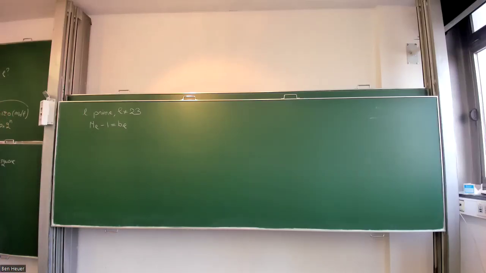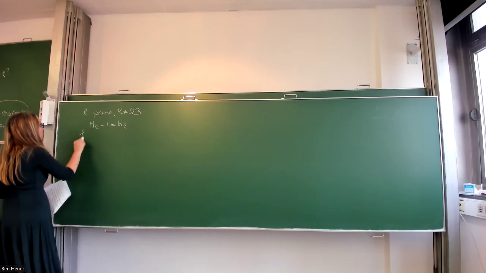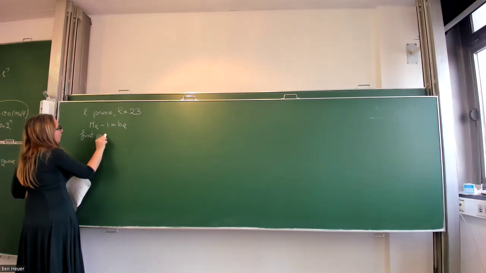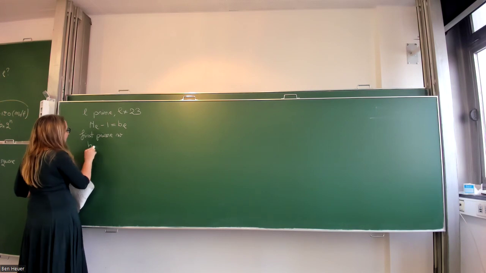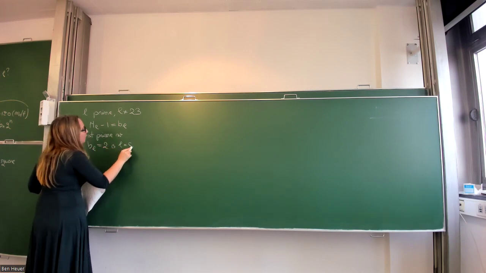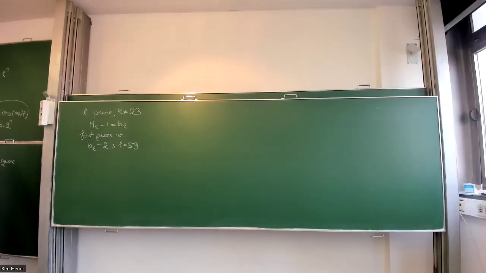And then if you really want to know, say, what's the first prime for which this polynomial breaks up as a product of three distinct factors modulo L, then you have to expand this out until you get a prime L where the coefficient is 2, and the first prime with BL equals 2 is 59. And so it's very hard to figure this out by hand. If you just have the polynomial and you try to see modulo what prime can I find three distinct solutions? But with the generating series, you can.